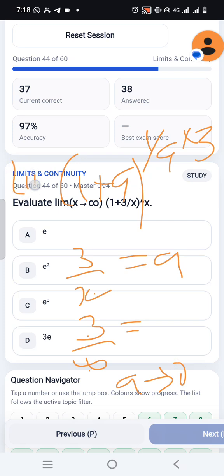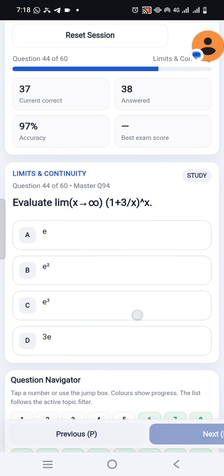So I can now say the limit as a tends to 0 of (1 + a) raised to power 1/a, multiplied by 3, something like this. But this 3 you can bring out. So first, let's deal with the inside. As a tends to 0, (1 + a)^(1/a) is the definition of e. So everything inside here is e, then raised to power 3. So the answer is e cubed.